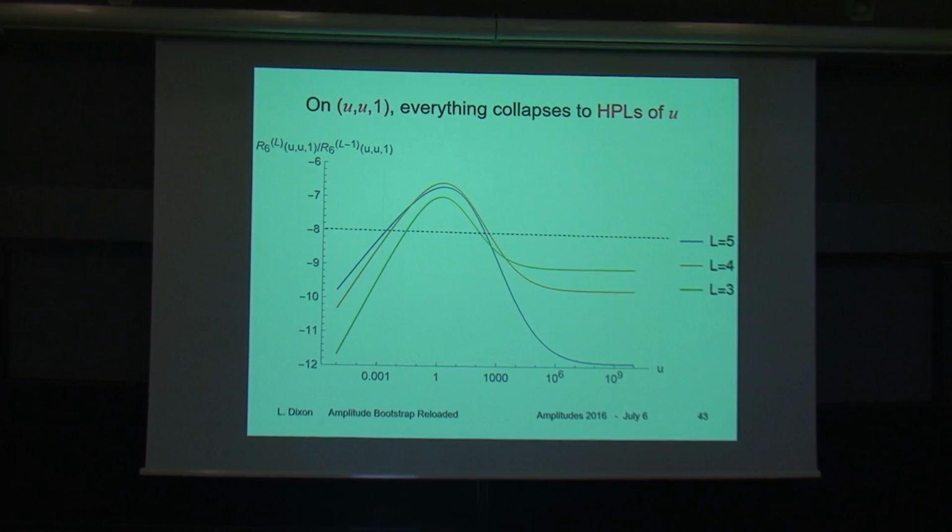By the time you get to 5 loops, they're weight 10 harmonic polylogs, and here's the ratio of 5 loops over 4 loops. You can compare it to 4 loops over 3 loops and 3 loops over 2 loops. When you do that, you see that things are softening out, and if you have a good imagination, you can see that everything is going to -8.